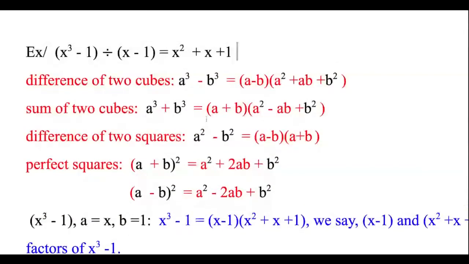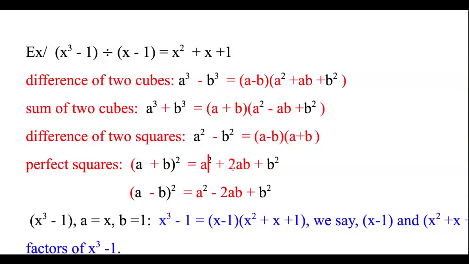So we have these formulas. A cubed minus b cubed equals a minus b times a squared plus ab plus b squared. A cubed plus b cubed equals a plus b times a squared minus ab plus b squared. Difference of two squares, right? A plus b, a minus b. Perfect square, square the first one, square the second one.